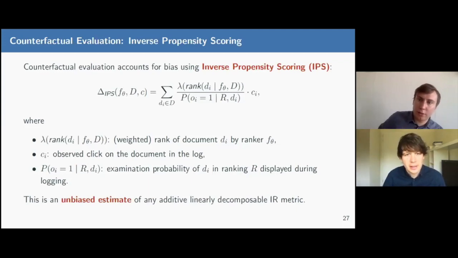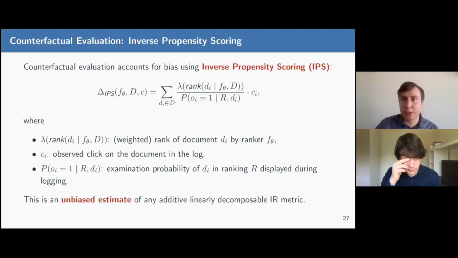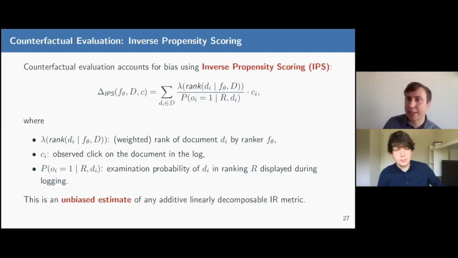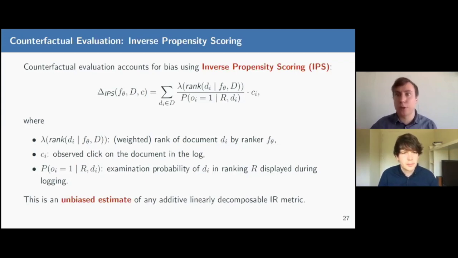Correct. And it looks like the less chance you have of being observed during logging, the higher that you're being weighed, right? Exactly. That's sort of also the intuition behind this, because if you put a document very low down the ranking where it doesn't have much chance of being observed, the one time that it did, or the few times that it did get observed and get clicked, we should probably count that more heavily than a document that was at the top of the ranking, because that one got observed a lot of times, right?